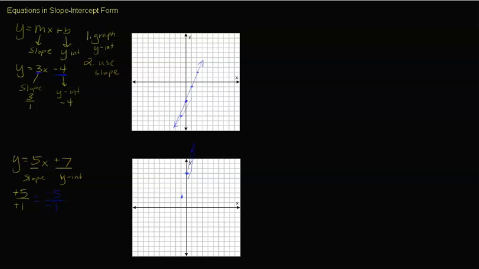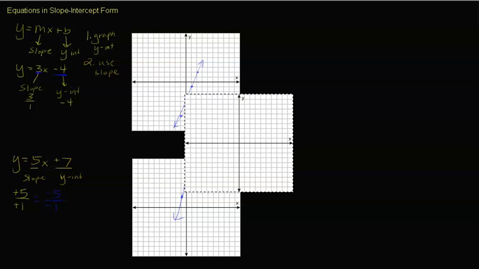So that is the graph of the line. The number in front is your slope, and that's your y-intercept.